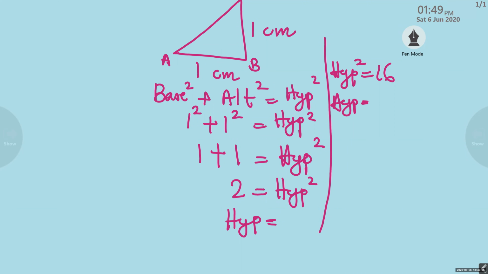What is hypotenuse? 4 centimeter. How did you get? You are finding root 16, that is plus or minus 4, right? Since it is length, we will take only positive. So hypotenuse equal to root 16 equal to 4.